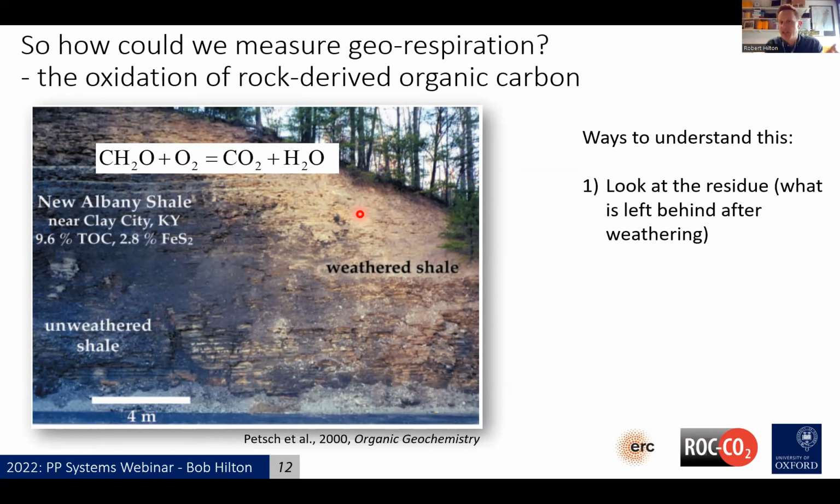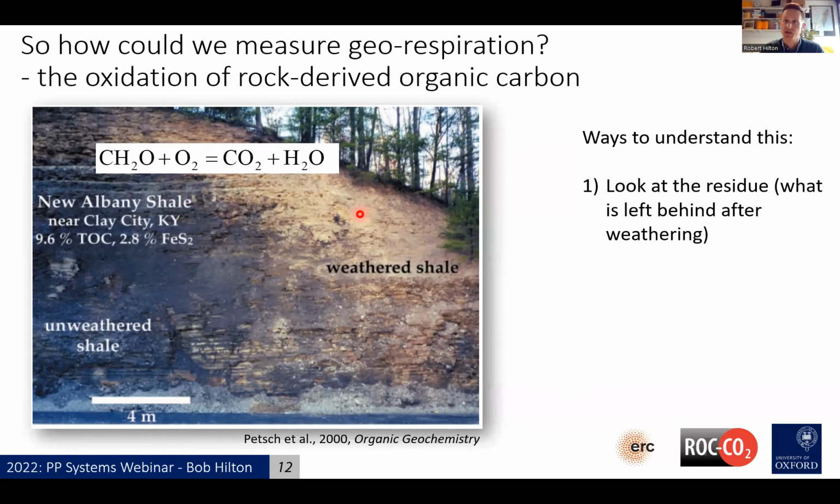We can understand what's left behind, and whether it tells us about what's been reacting. But what we can't do is track how much carbon is moving around. It's very difficult to work out how much is being produced, how quickly, and how it responds to temperature. You can't really do it looking at what's left behind.